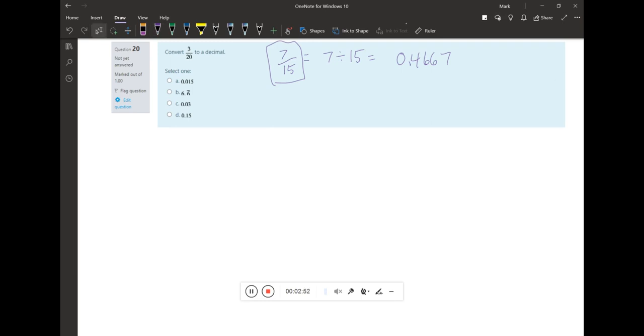So the 7 is rounded. It would have been 0.466 repeating forever. So it's more like 0.46 repeating, right? That 6 goes on forever. Okay, that would be the decimal version of it.